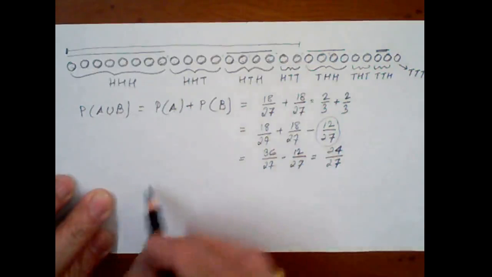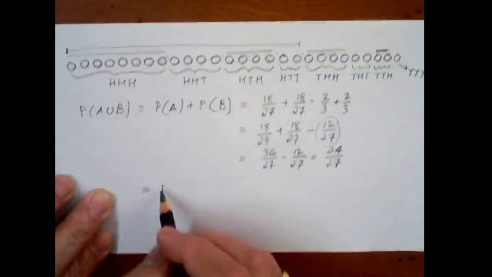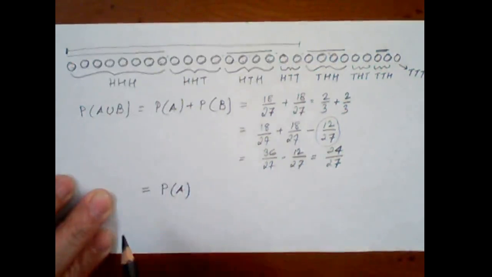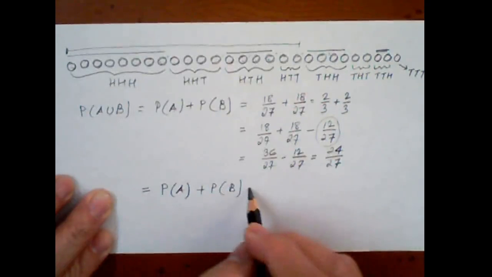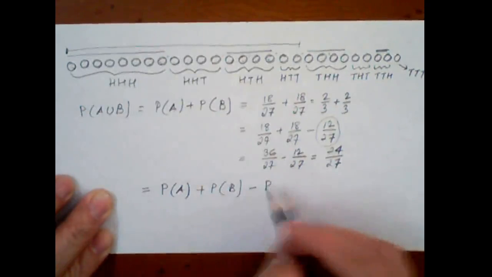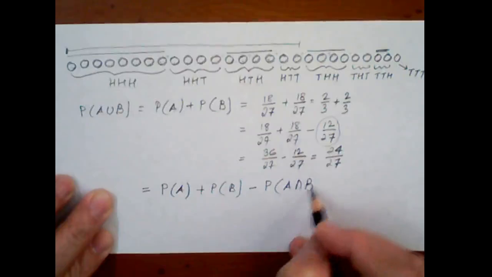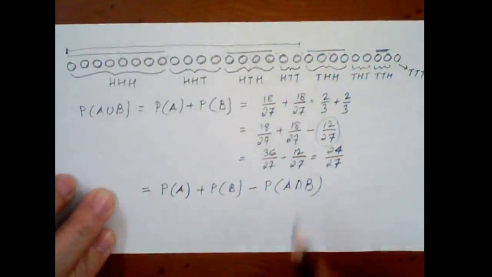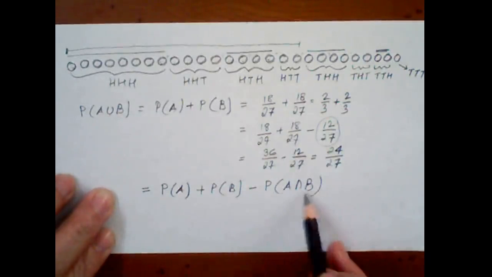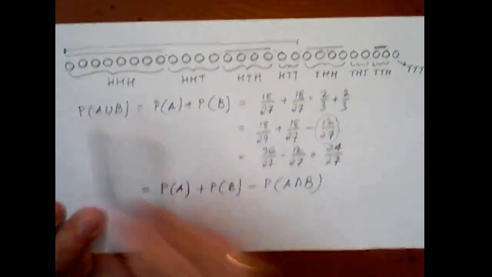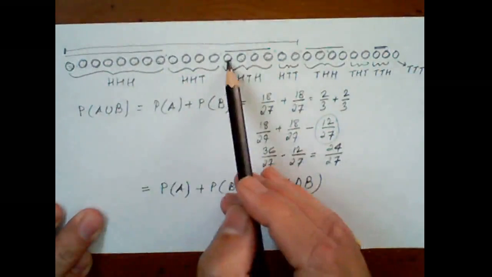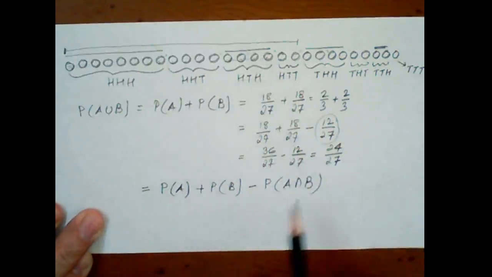What we are actually doing here is, the calculation is as follows. We are doing P of A plus P of B, and for the correction we are doing minus probability of A intersection B. Remember what is intersection? Intersection set is the one which contains elements that are common to both these sets. See, these circles are common to both these sets and they need to be subtracted.